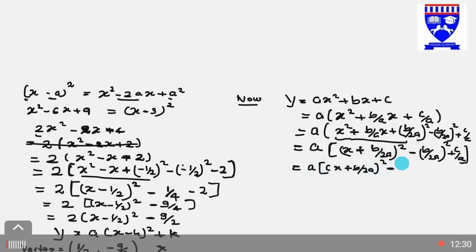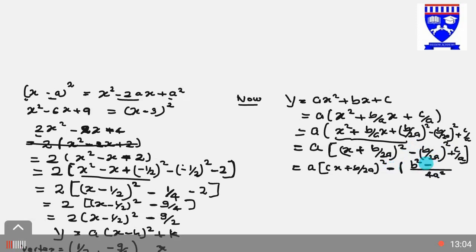I put the minus, so I will open another bracket. This one is b squared over 2a squared, which is 4a squared, so I take 4a squared as the common factor. This one is b squared. The minus is outside of the bracket, so this one should be minus c.